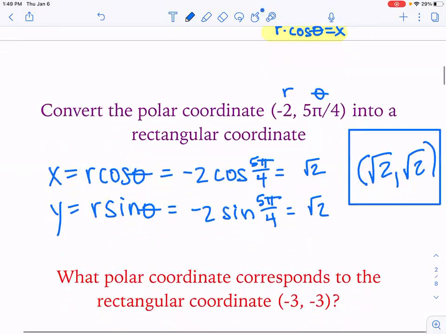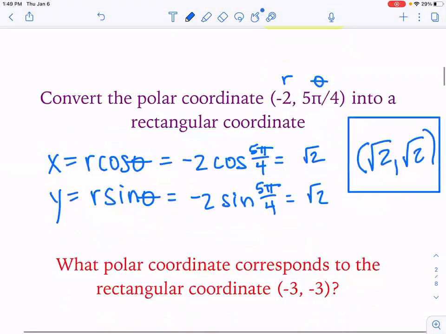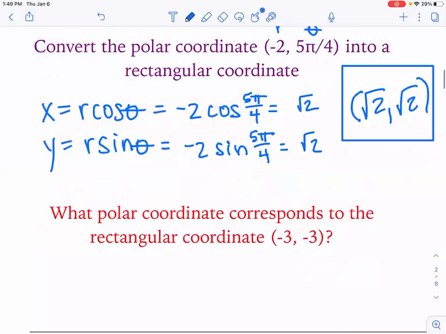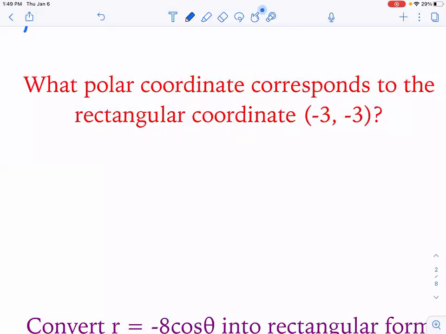All right, so let's go the other way. Write down that we have the rectangular coordinate -3, -3. Okay, so this is x, y.